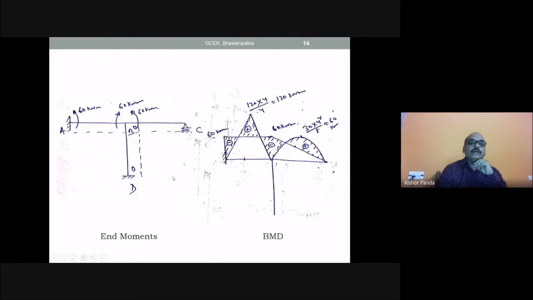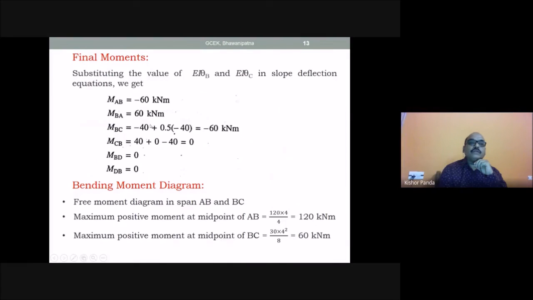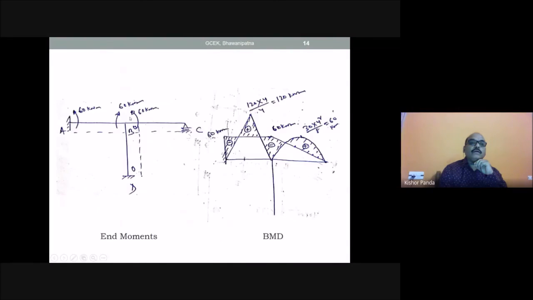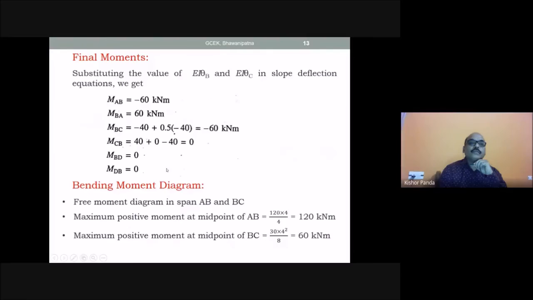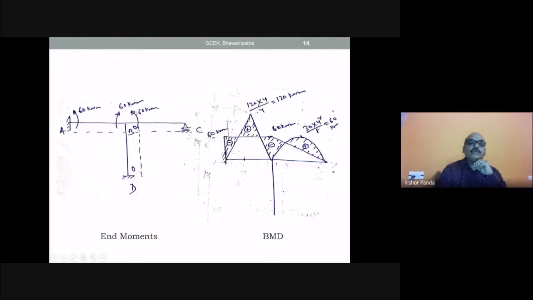Then MBA is 60 kilonewton meter, so this is clockwise. Then MBC is minus 60 kilonewton meter, so this is 60 kilonewton meter on BC.